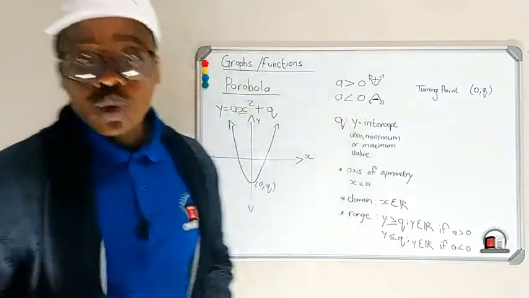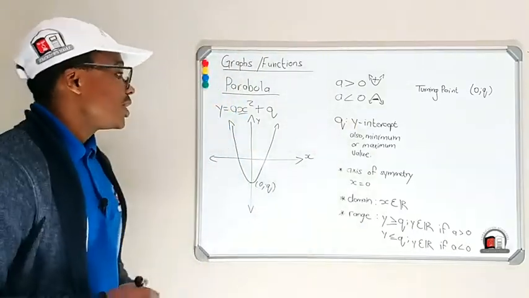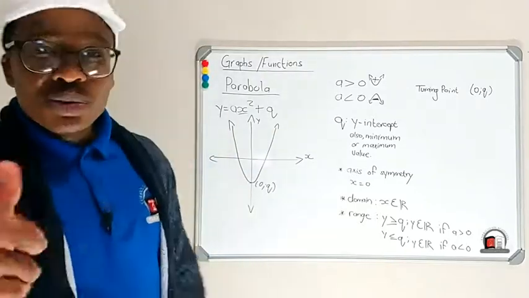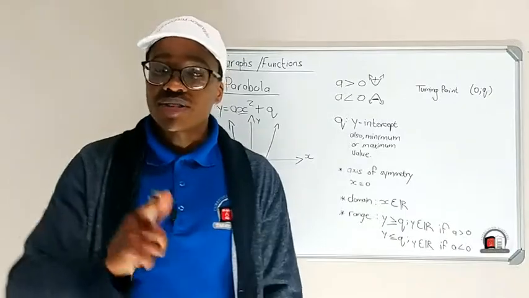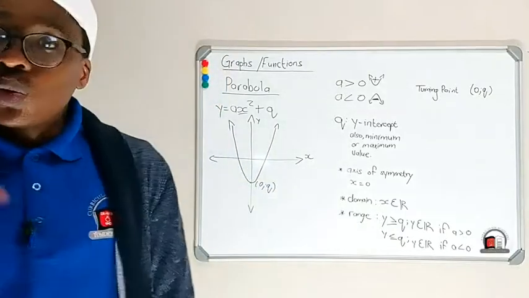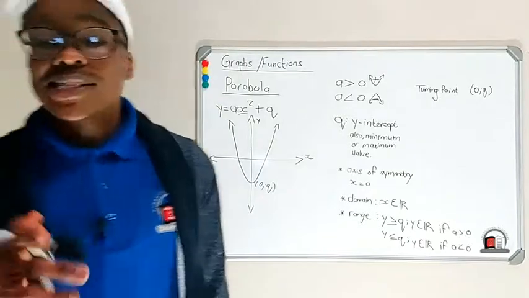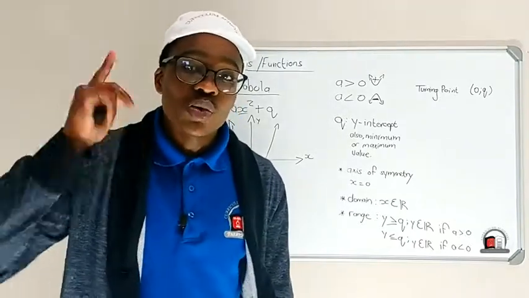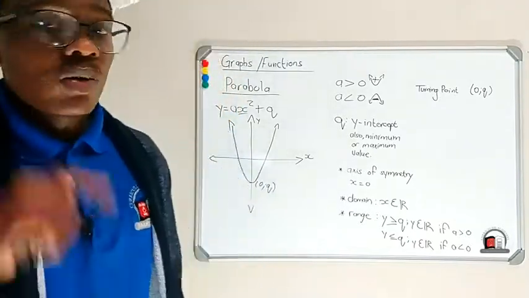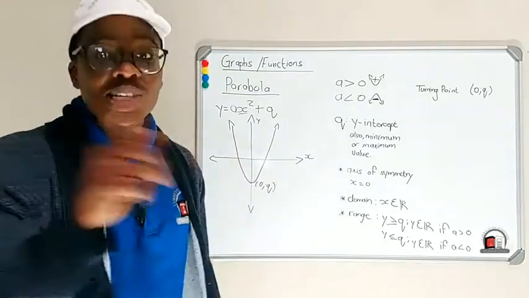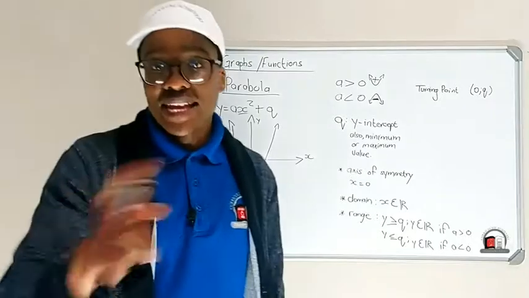Now what you need to know about the Q is that Q is the y-intercept. You remember from the straight line graphs that I taught you, or whoever taught you, if they taught you correctly, that your y-intercept is where your graph cuts your y-axis.